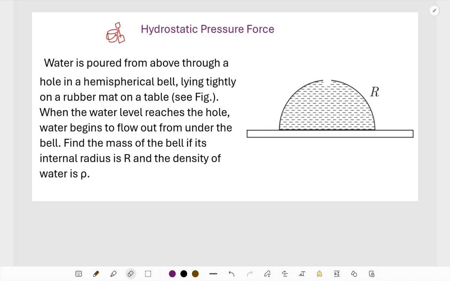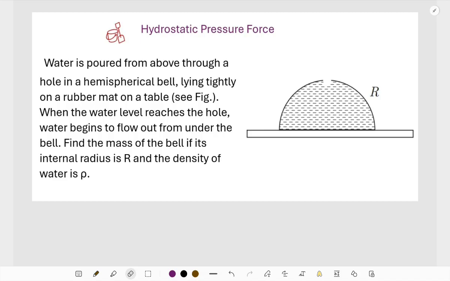On the other hand, at the moment when the bell begins to rise, it stops pressing on the support and consequently on the weighing machine, and only the water presses on the support this time, and the force of water pressure is greater than the force of gravity acting on it.